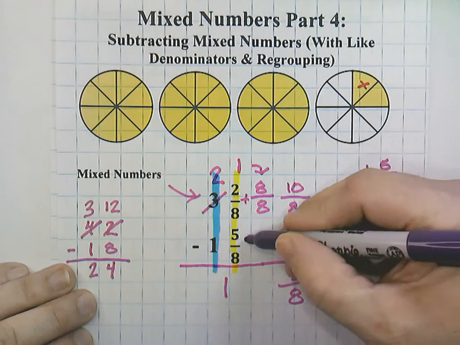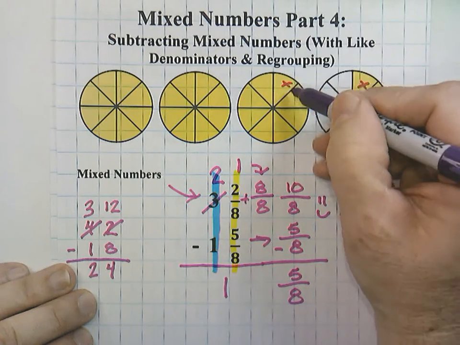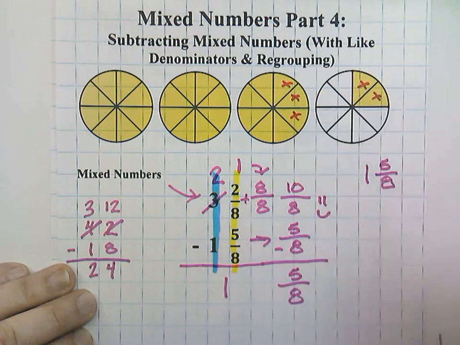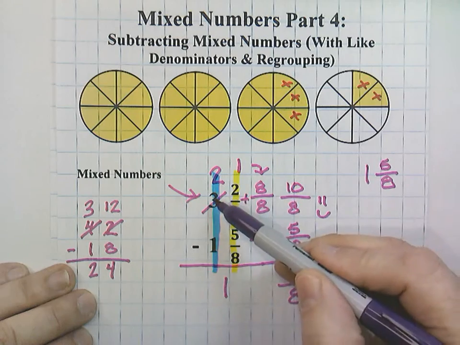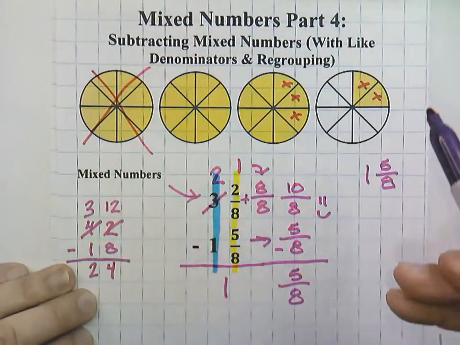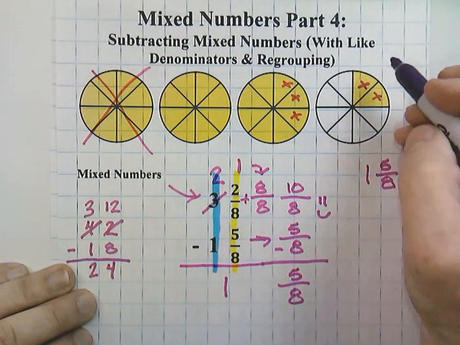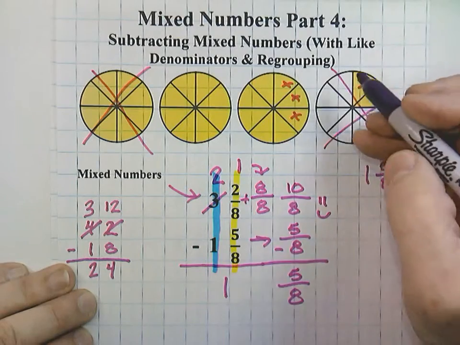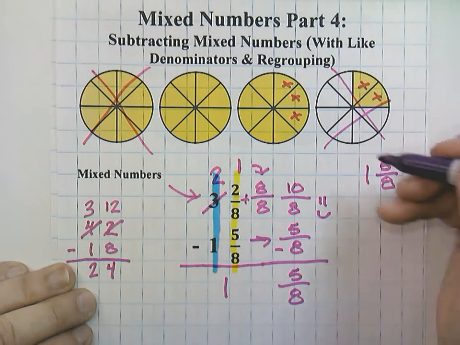Take away 5, right? 1, 2, 3, 4, 5. And then the original 3, we're taking away 1. And that would leave us with 1 whole, right? And then this one is completely gone as well. And we would have 1, 2, 3, 4, 5. So that's a way of showing it with your models.